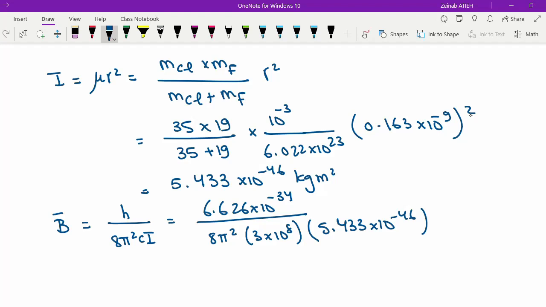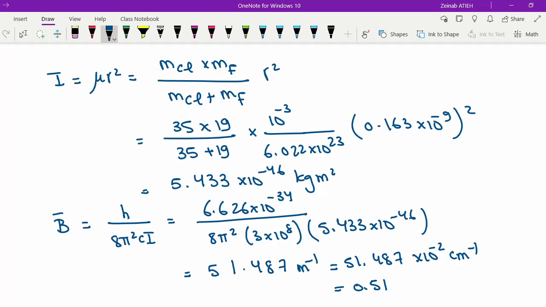Everything is in SI units, so we will get our B bar in meter minus 1, and the answer is 51.487 meter minus 1. To change it to centimeter minus 1, it's equal to 51.487 times 10 to the power minus 2 centimeter minus 1. So we get 0.51487 centimeter minus 1.